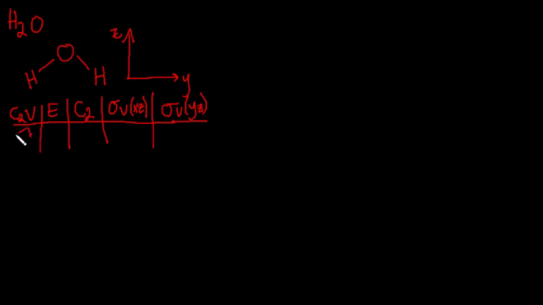And in this case here we're looking at sigma bonding. Now what we want to do is actually see how these bonds change with each of these symmetry operations. So if the hydrogen atoms move, then we would assign that hydrogen a 0. And if it stays in the same location, we would assign it a +1.